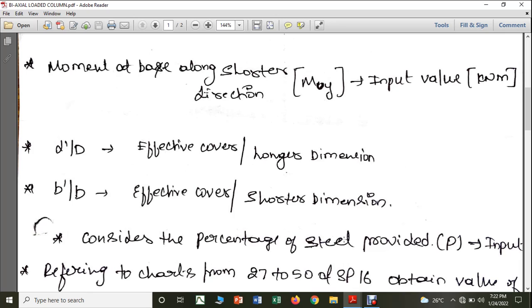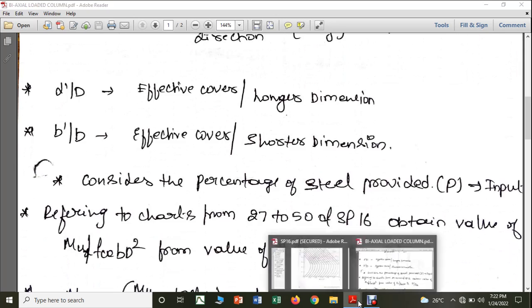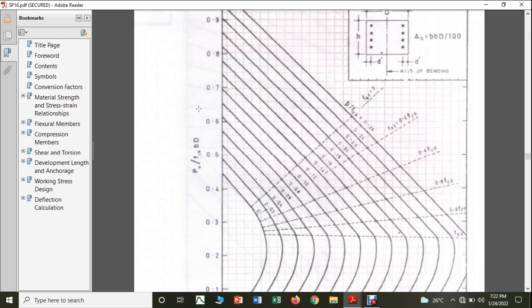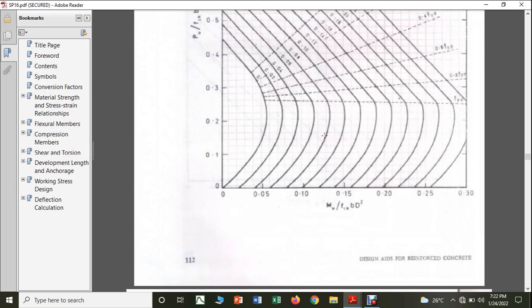Again I look into the charts. For the corresponding PU by FCK BD and P by FCK, I will get one more value that I call MUY by FCK BD square. Definitely it will change because my D dash by D value is changing; one time I am taking the shorter dimension of the column, another time the longer dimension.